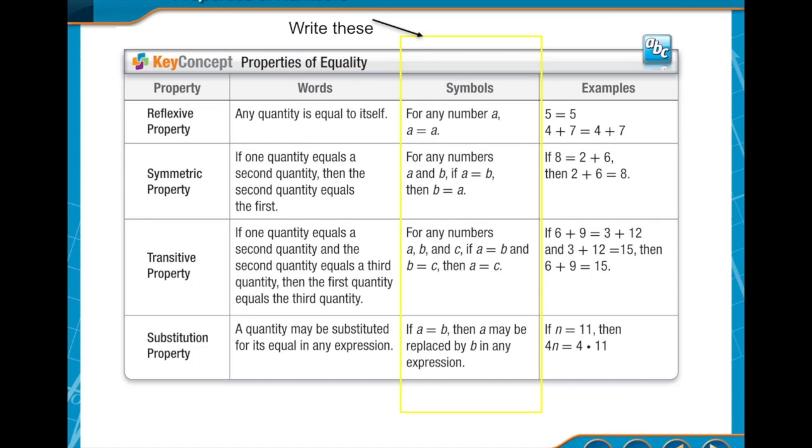So if a equals b, then a may be replaced by b in any expression. So if you say n is 11, then anywhere there's an n, we can replace that with an 11, just like we've been doing in the problems we did last week. So substitution is not new. This rule is going to come up a lot. So now you have those four written.